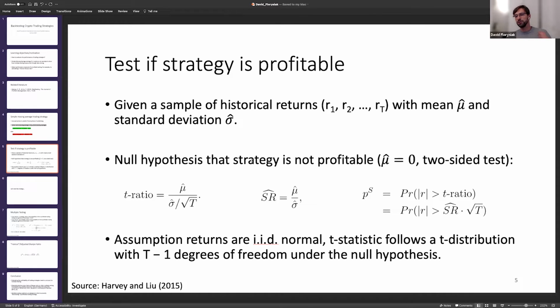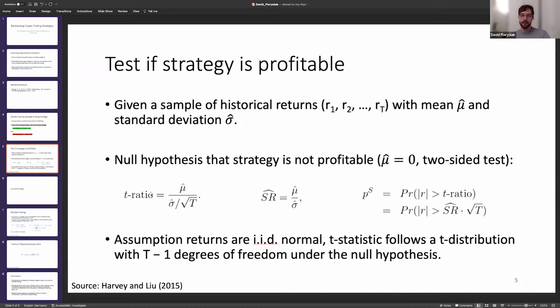What we're going to do is test the null hypothesis that the strategy is actually not profitable, so the average return is equal to zero in a two-sided test. If you're familiar with the general idea of hypothesis testing, this results in a t-ratio like this one here, which is a very simple standard t-ratio. The t-ratio is similar, if you just look at how it is constructed, to the Sharpe ratio if we test for mu equal to zero.